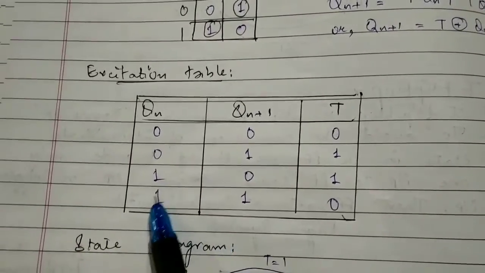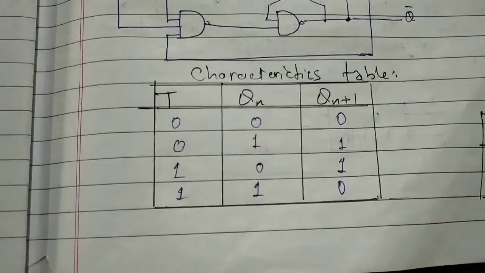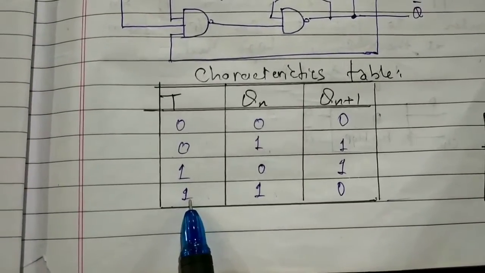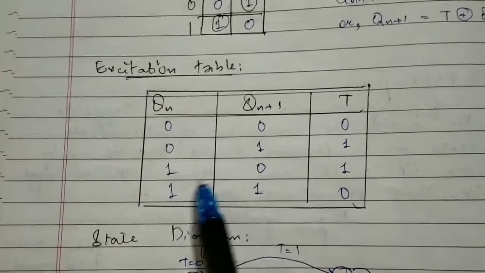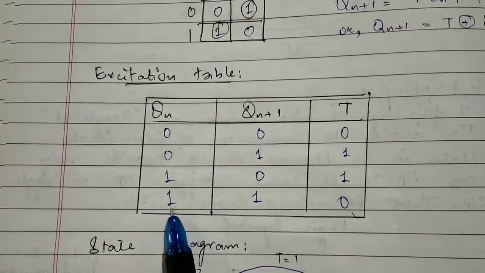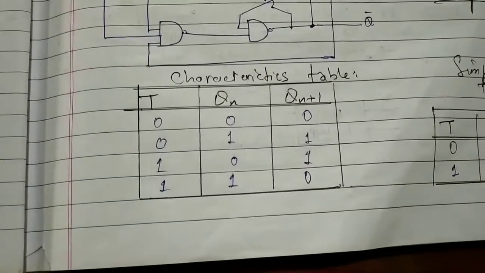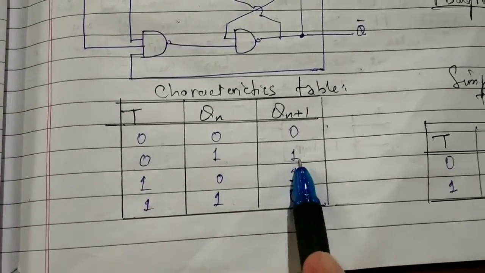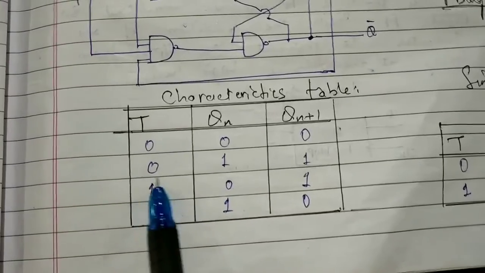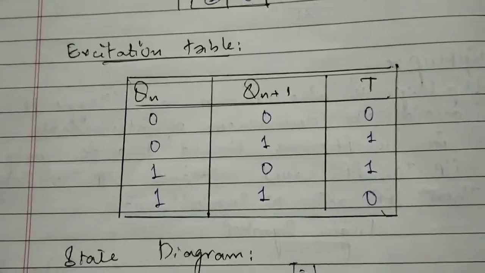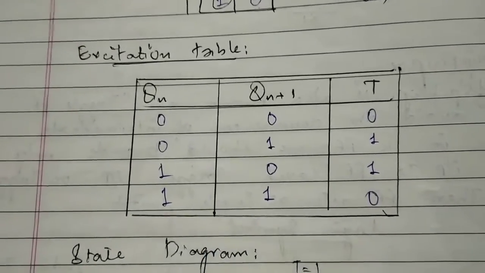Now we check for the 10 entry in the characteristic table. 10 is here and its input is 1, so we write 1 for 10 in the T section. And for the last entry, 11, we check it in the characteristic table and see the corresponding input value for the 11 combination is 0, so we write 0 for the last 11 combination.